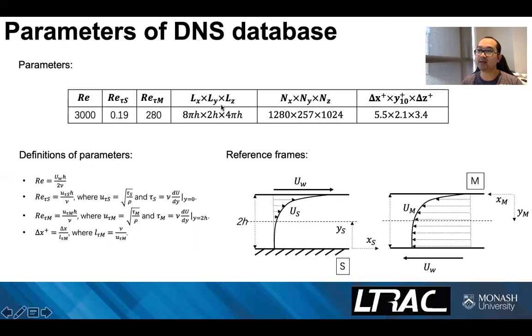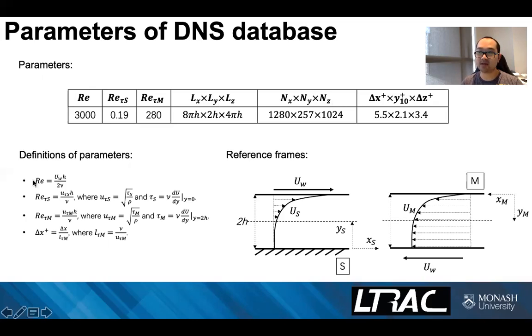Lx, Ly, and Lz are the size of the computational domain in the streamwise, wall normal, and spanwise directions. Nx, Ny, Nz are the number of grid points. Delta x plus, y10 plus, and delta z plus are the grid spacing in the friction viscous length scale of the moving wall.